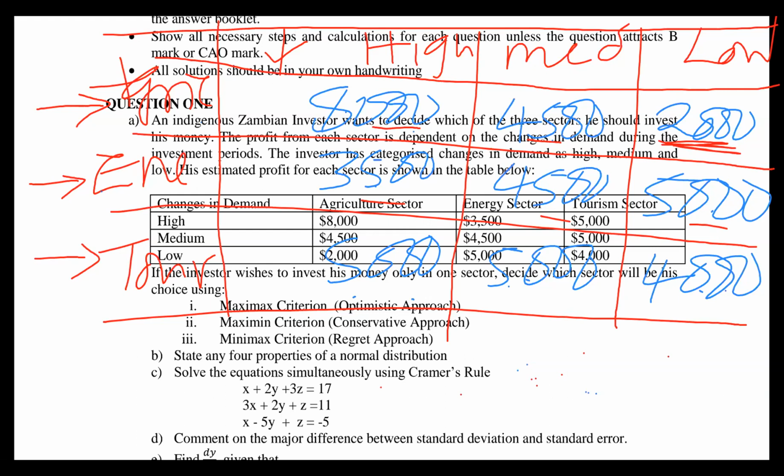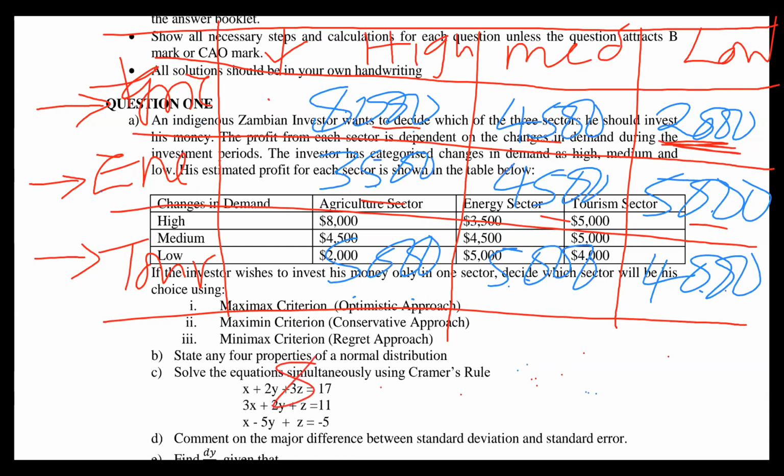So the highest payoff when the demand is high is from agriculture, right? Yes, sir. So what do you do now? You start subtracting. The payoff from agriculture is 8,000.